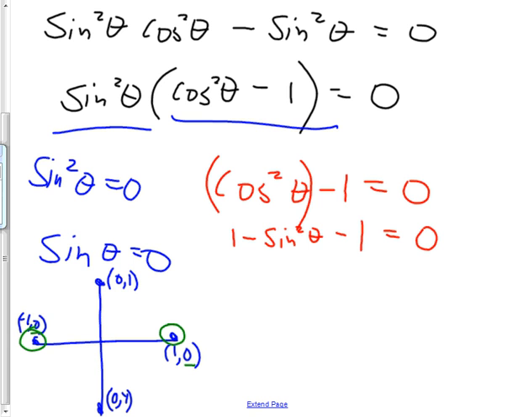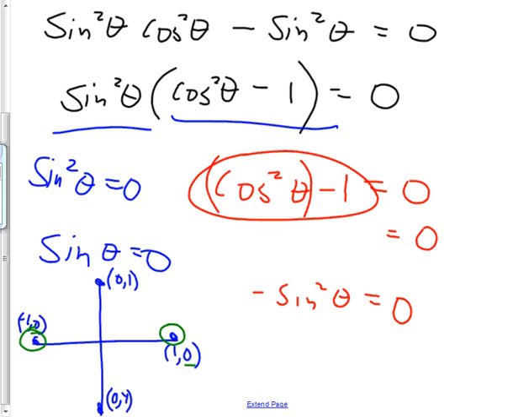In a way, it's kind of good to do it that way. Because what happens to the ones? They cancel, and you just have negative sine squared theta is equal to 0. Another way to think of it is that this right here is exactly like 1 minus cosine squared, except it's backwards. And so you could put in negative sine squared for that.